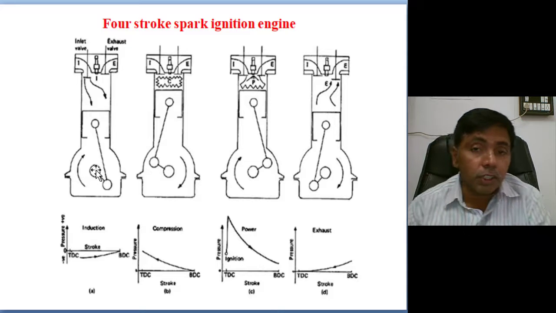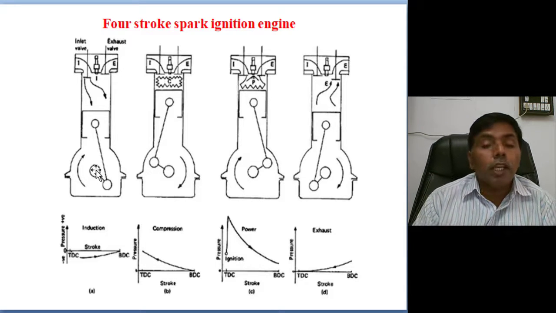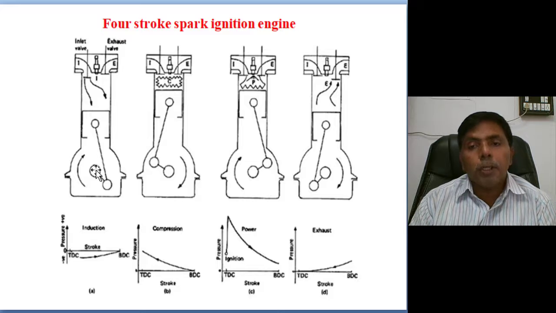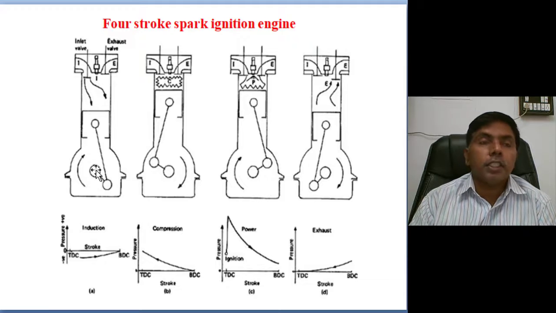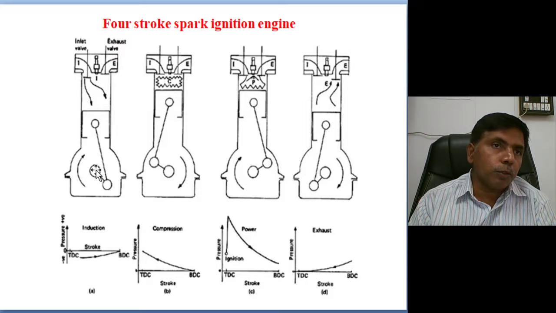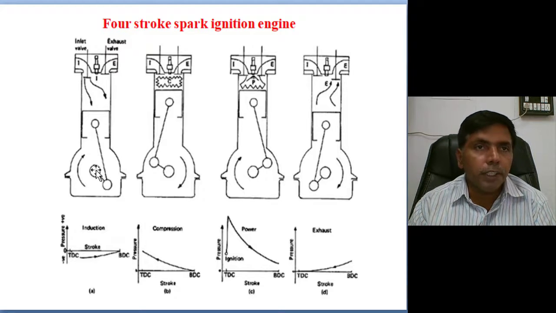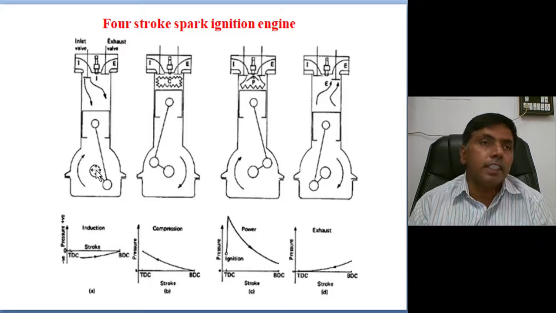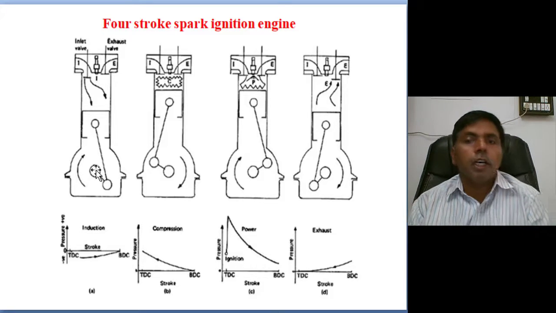What are the five operations? Intake, compression, combustion, expansion and exhaust. These are the five processes. If I am capable of completing them in 2 strokes, or 1 revolution of the crankshaft, then it is called a 2-stroke engine.